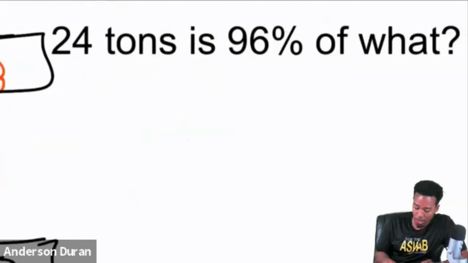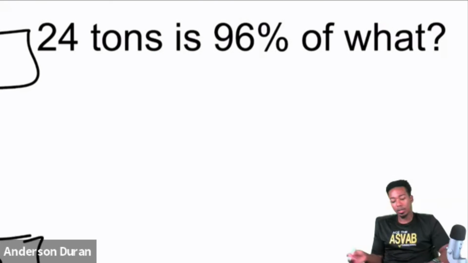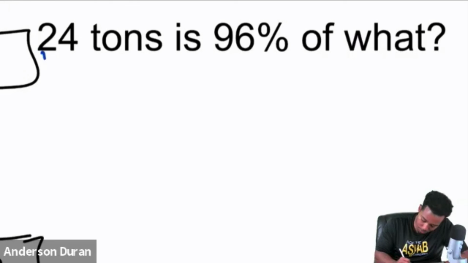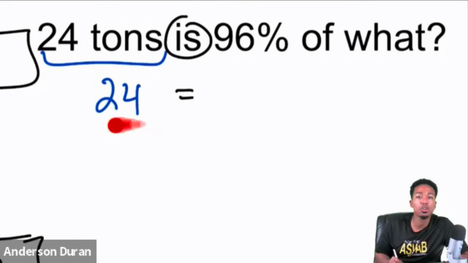So 24 tons is 96% of what? So everybody, working forward or backwards? What are we doing? 24 tons is, you already know from right there, we have the result.